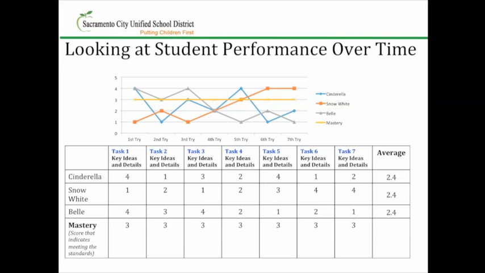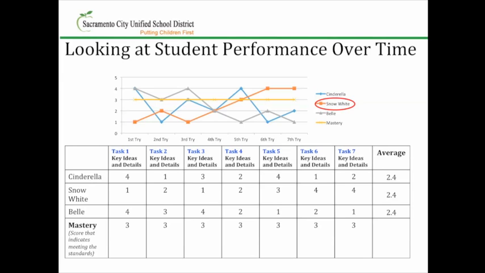Take a look at the 3 students. Cinderella, who is represented by the blue line, has scores that have been up and down, from a 4 to 1 and a 3 to a 2. Her last 3 scores indicate a downward trend. Snow White, who is represented by the orange line, started off weak but has progressed upward.